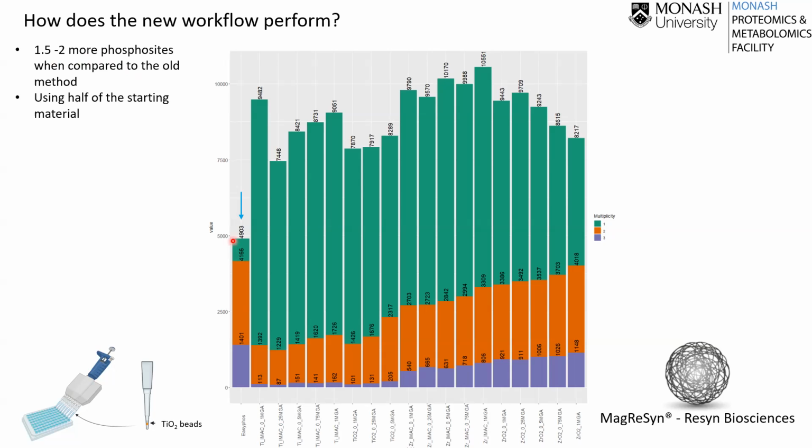And as I pointed out earlier, we are getting more phosphosites while starting with about half the amount of starting material, which is a good thing when it comes to clinical samples, because we can start with lower starting material and have close to double the coverage in terms of phosphosites.